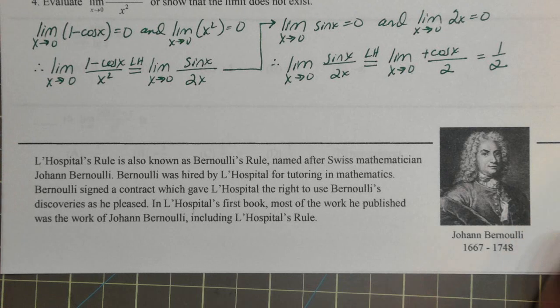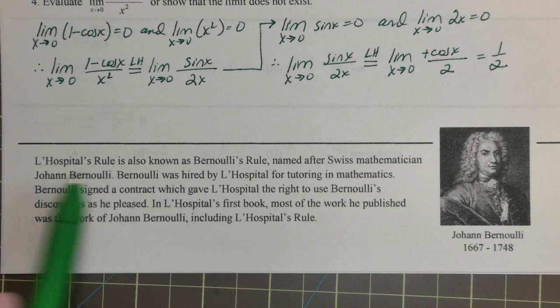A short historical note, L'Hopital's rule is also known as Bernoulli's rule, named after Johann Bernoulli, who was hired by L'Hopital for some tutoring. And Bernoulli and L'Hopital signed a contract giving L'Hopital the right to use Bernoulli's discoveries however he pleased. And in L'Hopital's first book, most of the work he published was the work of Johann Bernoulli, including this rule.